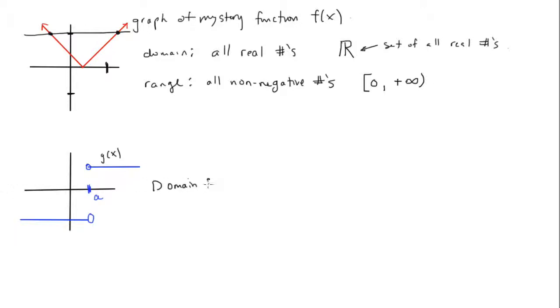So our domain, as a set, is the set of x's such that x is not equal to this number A, whatever its numerical value actually is. We can write that in several ways. Here I've written it in set notation. We can also write it as an interval.